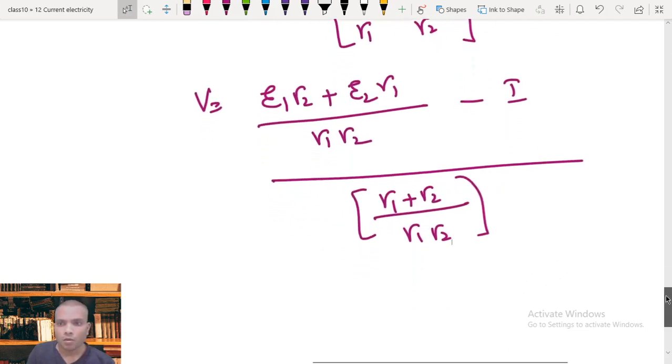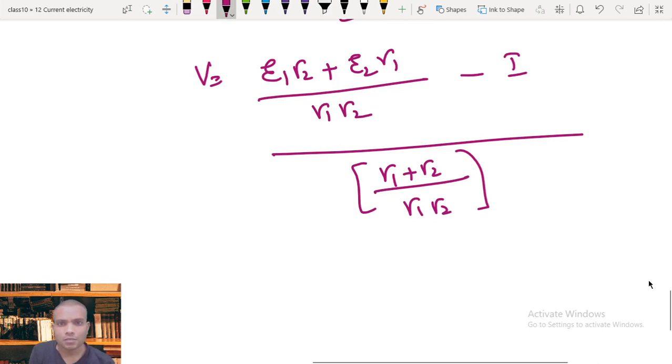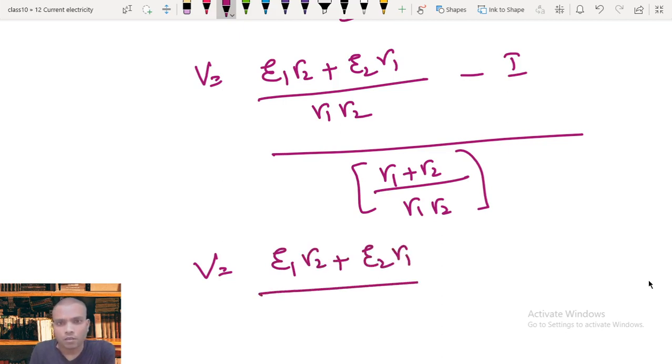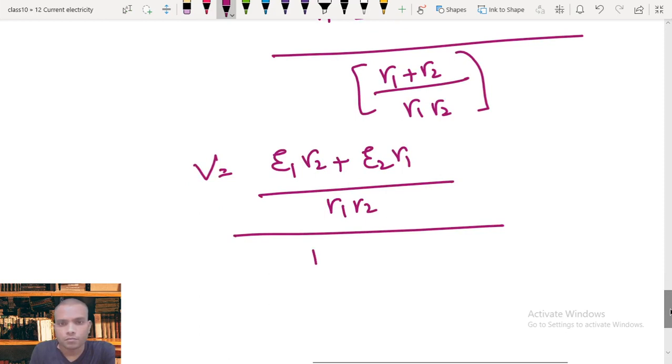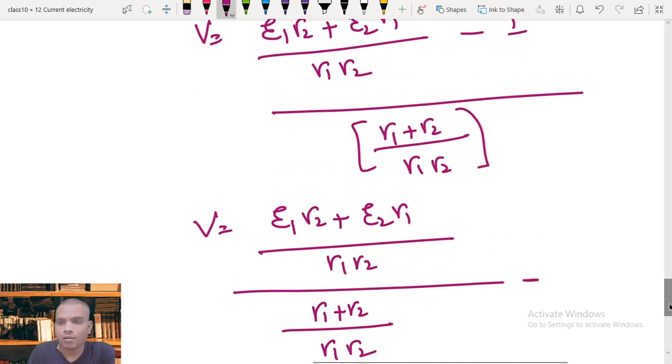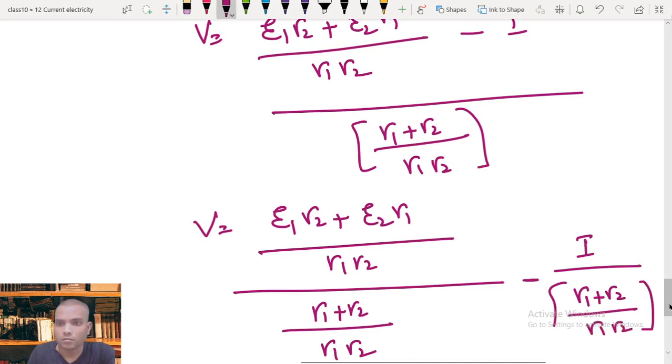Now if we divide each term, V equals E1 R2 plus E2 R1 upon R1 R2, whole divided by R1 plus R2 upon R1 R2, minus I upon R1 plus R2 upon R1 R2. I just split the two terms.